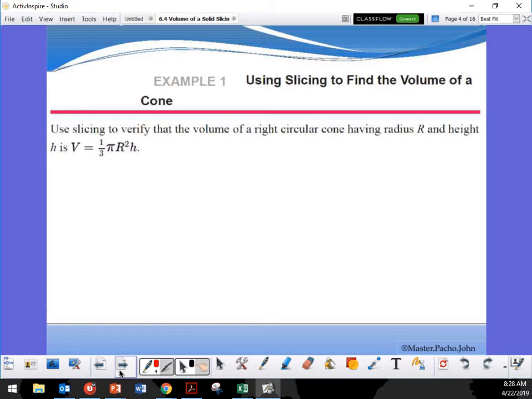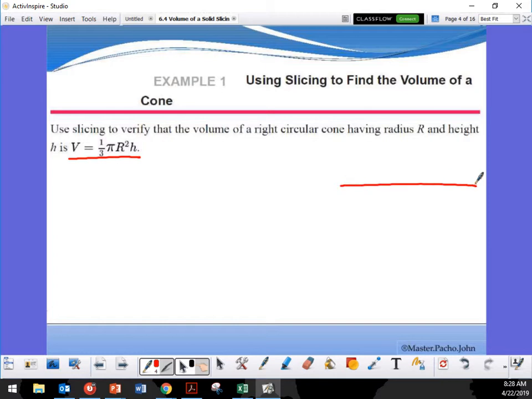All right, so slicing to verify volume right here. I'm going to start with this. Is this a cylinder? It's a cone. Okay. What we're going to do is go through some relations on this.